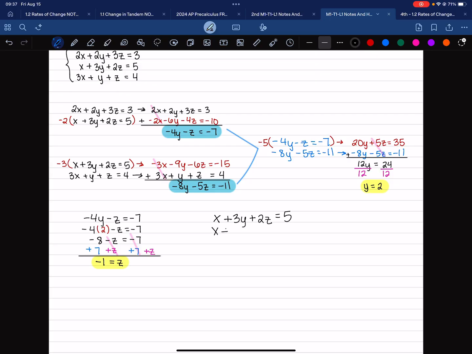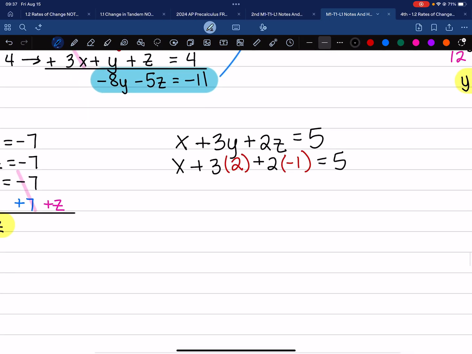We have x plus 3 times 2 plus 2 times negative 1 is equal to 5. And now we solve. So that would give me x plus 6 minus 2 equals 5.